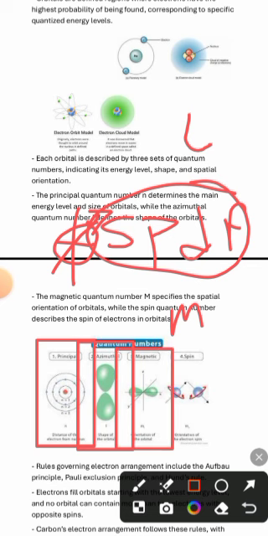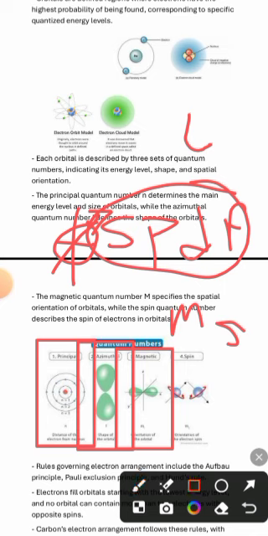and also we have another additional quantum number, although not officially a quantum number, but it is important in determining the orientation of electrons around the nucleus, which is called the spin quantum number. The spin quantum number tells us how electrons are arranged in an orbital.